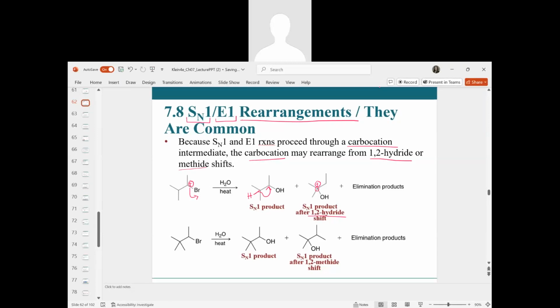So we can generate different products before and after a 1,2 hydride shift. Or down below, if our carbocation was generated at this site, one of these methyl groups can shift over first, and then this second product can be produced after a 1,2 methide shift. Of course, with either solvolysis or in general SN1 and E1 reactions, we're going to have a mix of substitution and possible elimination products.